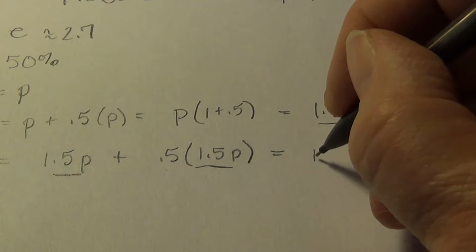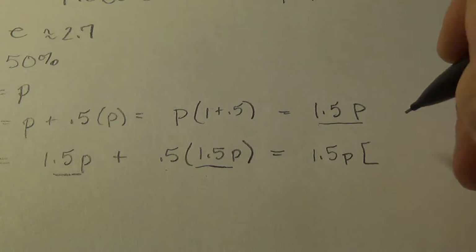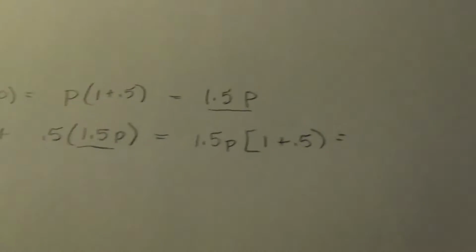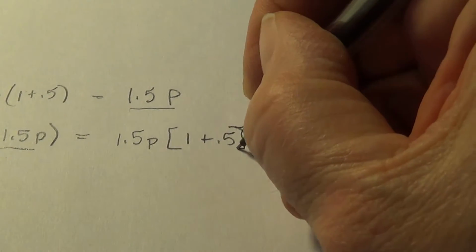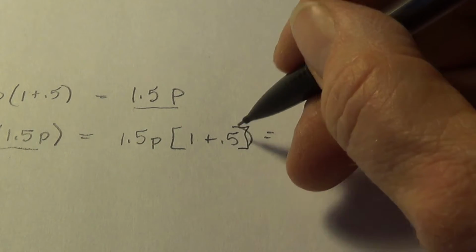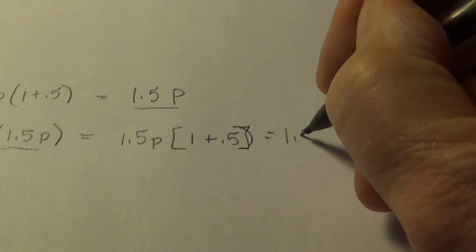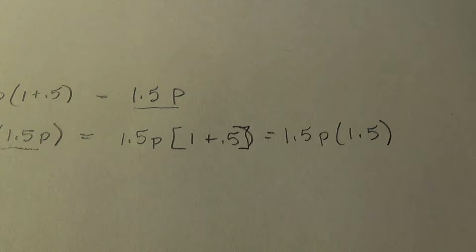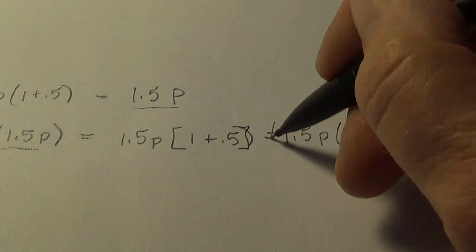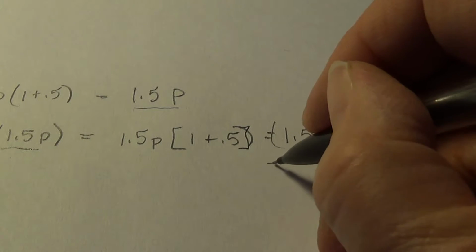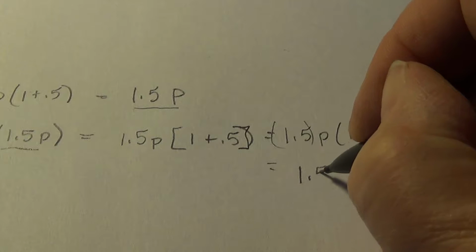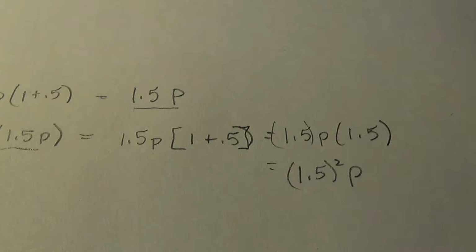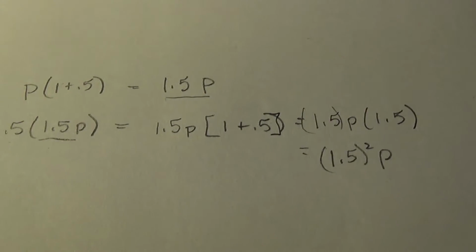So if I factor out a 1.5P, I've got a 1 plus 0.5, which is equal to 1.5P times 1.5. All right, so I can combine these two 1.5s and get 1.5 squared, which I can improve on, but I will not. I'll just leave it like that. So that's what I got in the second year.